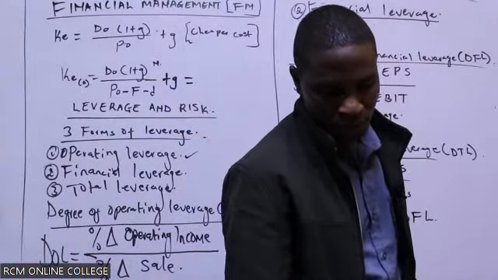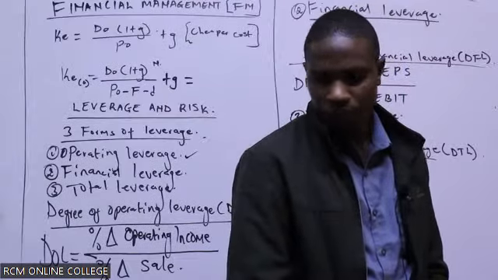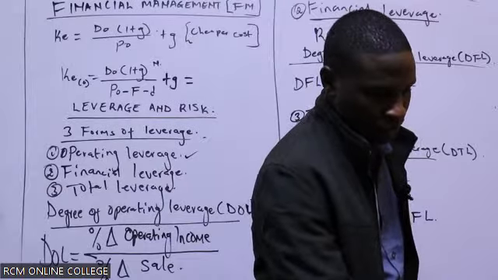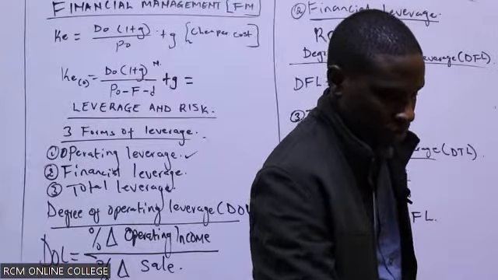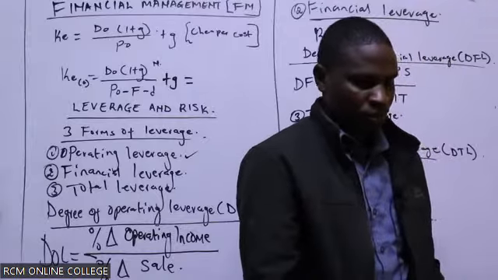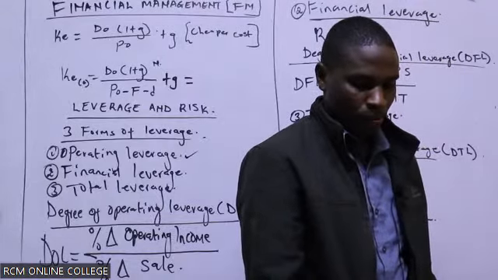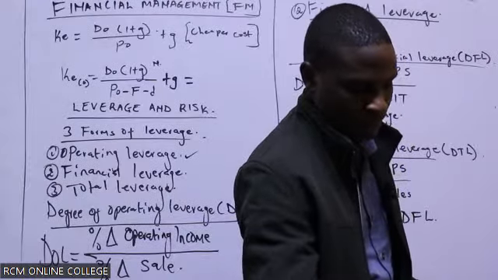So just look at that past paper of 2023. 2023, was it not December? Is it August or April? Yes, August. The August past paper. Let's look at the August past paper.